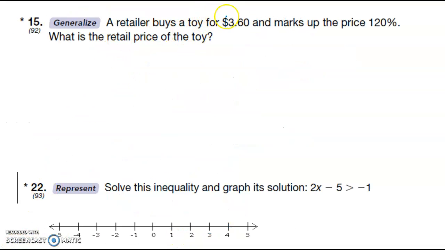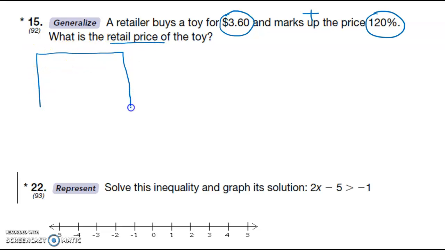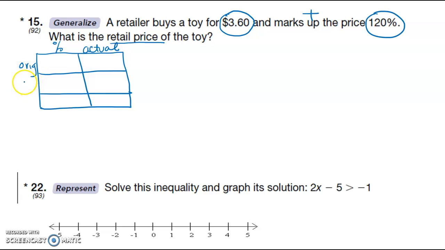Okay. A retailer buys a toy for $3.60 and marks up the price 120%. What is the retail price of the toy? So let's start with our ratio box. And this is going to be an original change new ratio box. Percent, actual. Original, change, new.